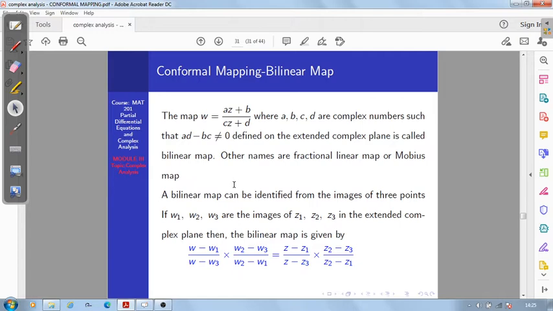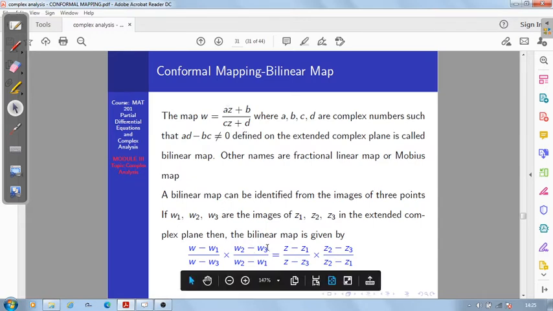We make use of this property to find the bilinear map given the images of 3 points. So, given the images of 3 points, the bilinear map is uniquely determined either using the definition of the bilinear map itself and finding ABCD, or directly substituting the values of the given points in this expression.